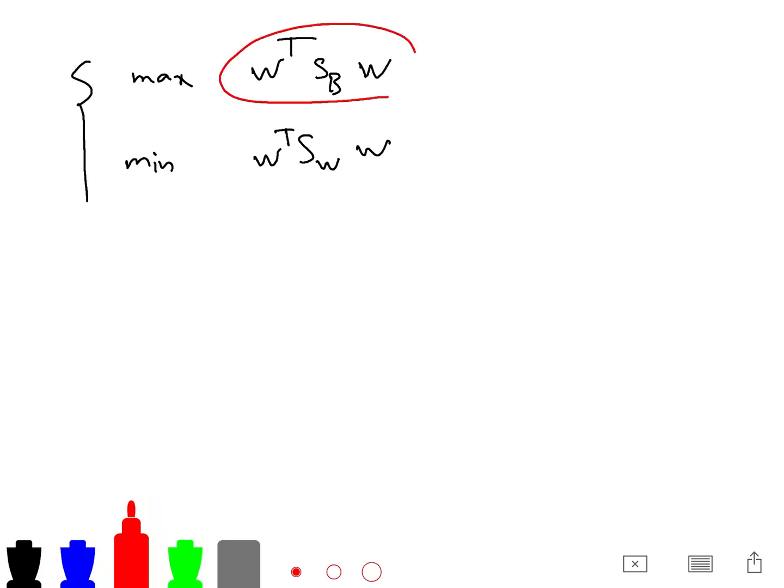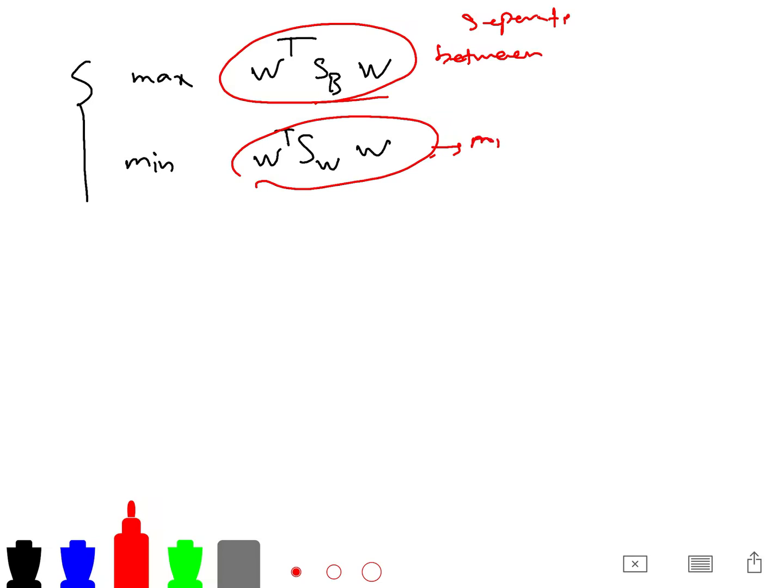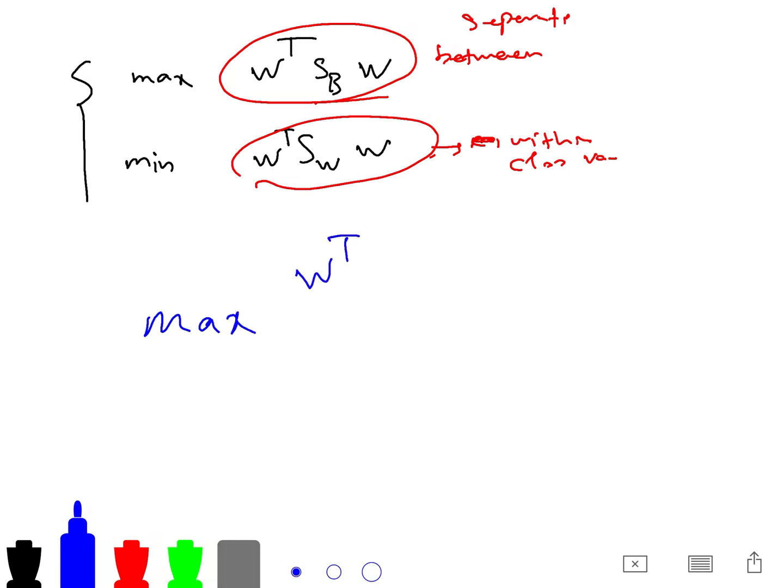So you want to maximize the between class variation, so the separation of classes, but you want to minimize the within class variation. So in other words, you want to maximize omega transpose SB omega divided by omega transpose SW omega. This is the Rayleigh quotient approach.